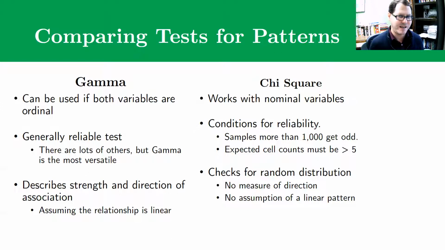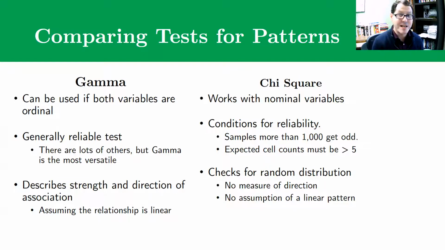Chi-square is a little finickier. It tends to not be quite as good when you have low expected cell counts. So if you have a couple cells in your table that just have very few cases in them, that may not give you the best reliable, consistent chi-square values.